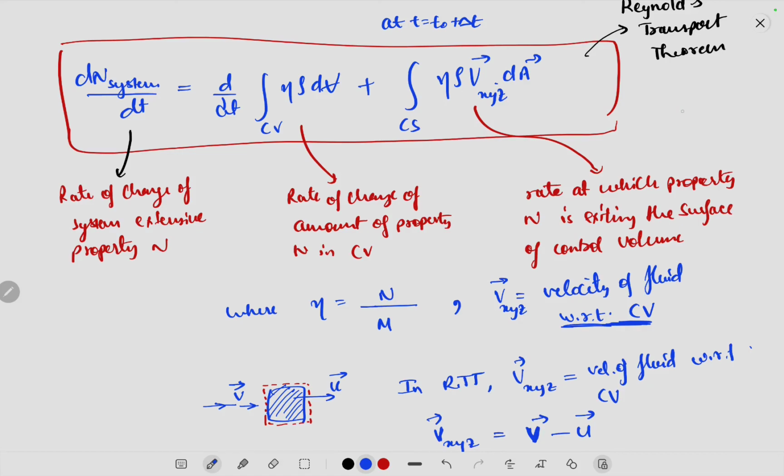Remember when I said we'll use Reynolds transport theorem for the case where we had a plate and we are holding the plate with some force Rx, and there is a free jet going like this, and we have to find Rx. We'll do one problem like this, and also some other problems where this concept of Vxyz will become more clear.